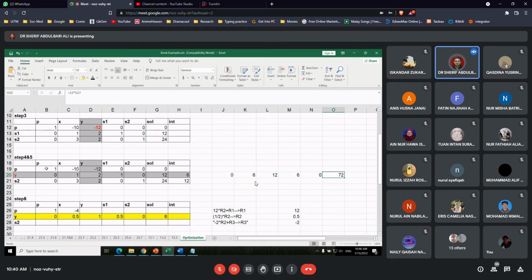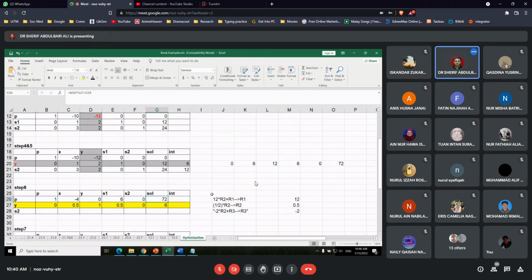Now when you do 1 minus 0, it's 1, and negative 10 minus the value of 6, so it's negative 4. Negative 12 minus this value, so the answer here will be 0. S1 is 0, minus the value of 6 in here, so you're getting 6. 0 minus 0, you are going to get 0 here, and 0 minus 72, so you are going to get the value of 72.